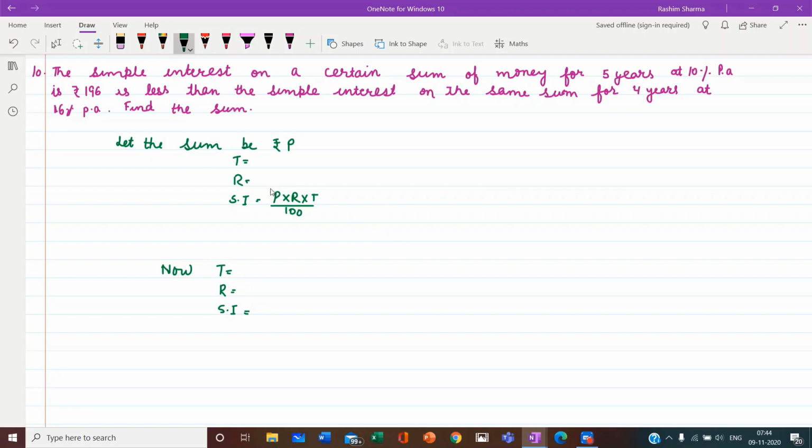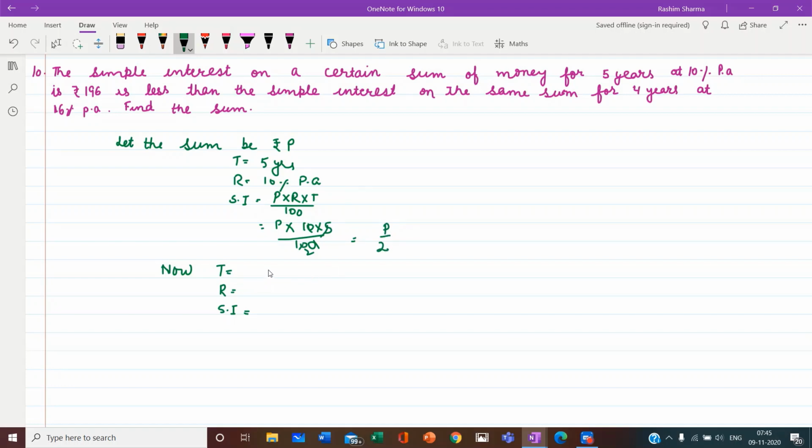Okay, and in the first case we are given time is 5 years, rate of interest is 10% per annum. So when we put the values we get P into 10 into 5 on 100, like the previous question. So we cancel here and we get it as P upon 2.